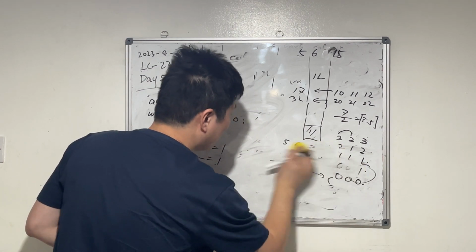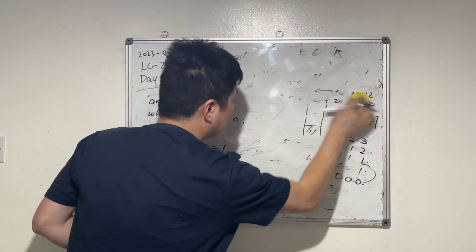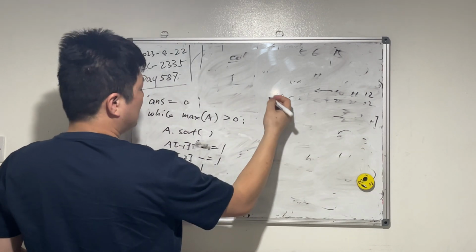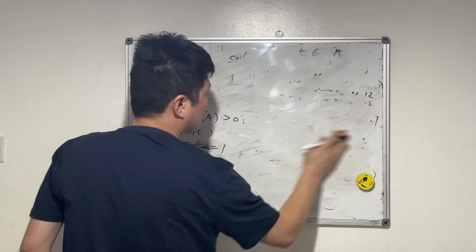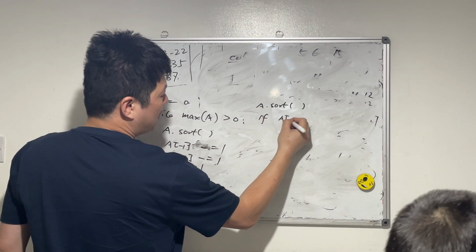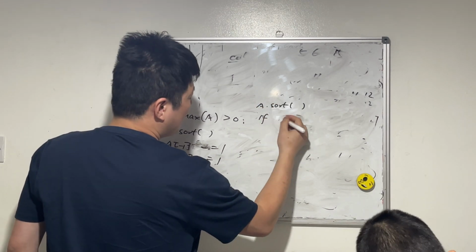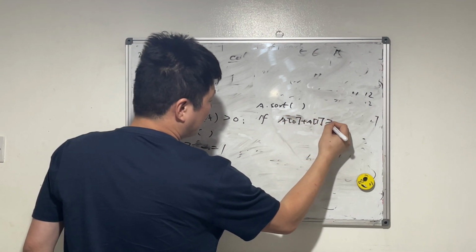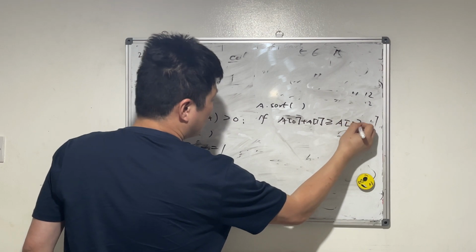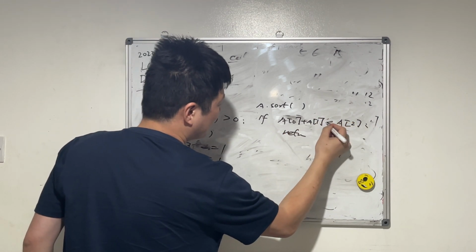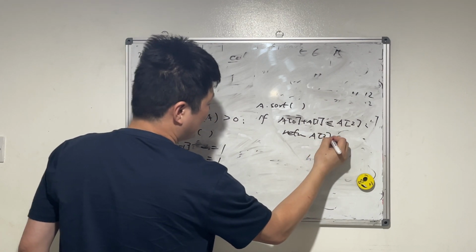Okay, I'm going to write another one. A dot sort. If A0 plus A1 is bigger than or equal to A2, then we return A2.